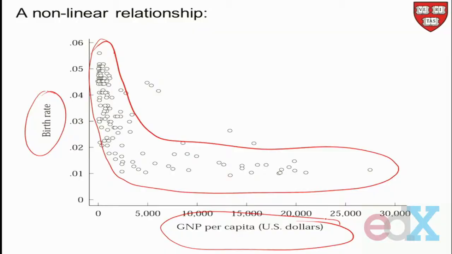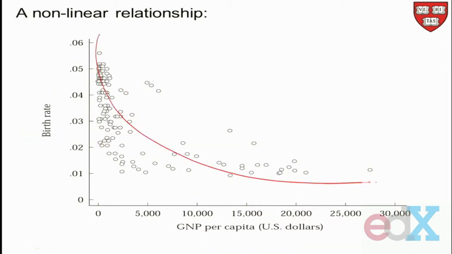So if we do a scatter plot and end up with something that looks like this, which isn't linear, but we can argue that this is sort of like this. Let me draw that again. So this is sort of like that. It's not linear.